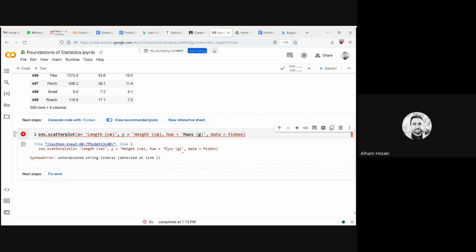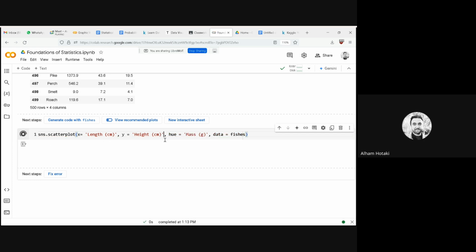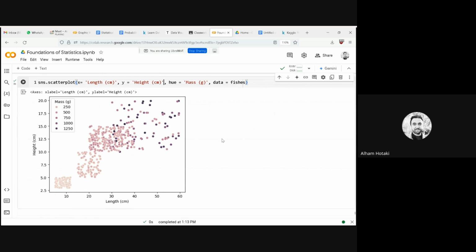This is a type of scatter plot which gives us the length, the height, and the mass. Mass is in grams, the length is in centimeters, and the height is in centimeters.